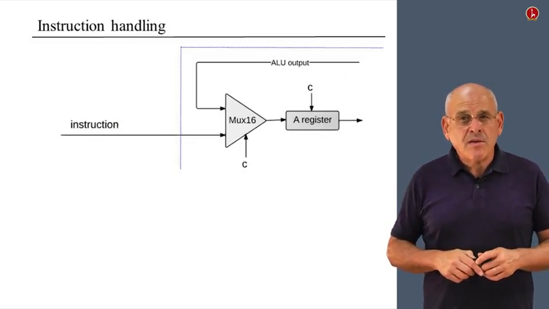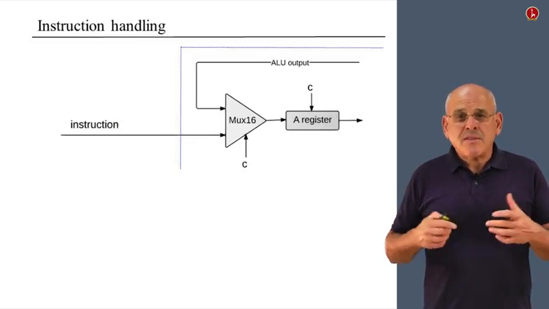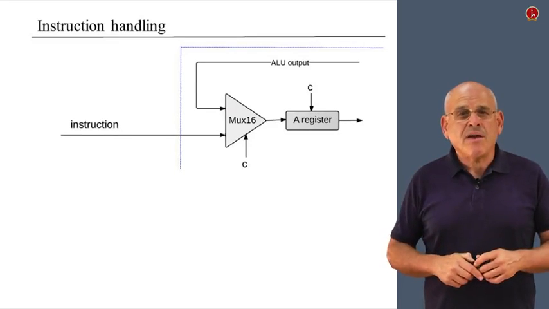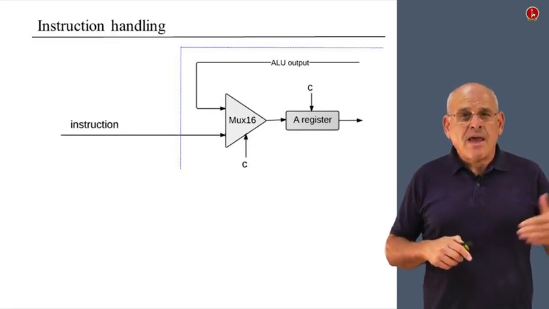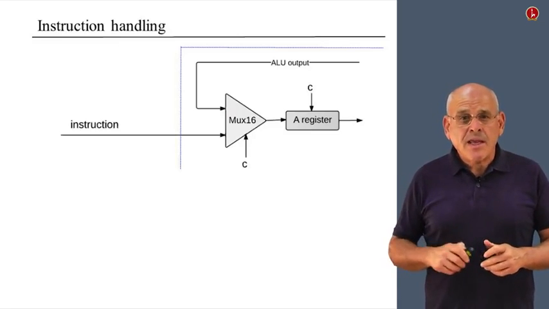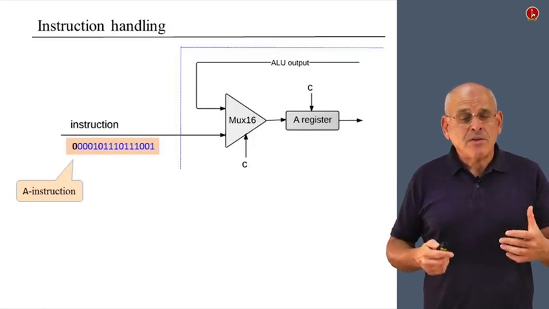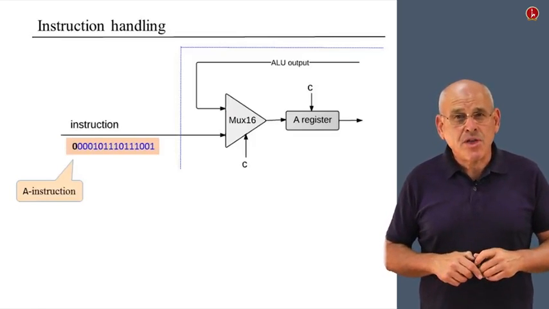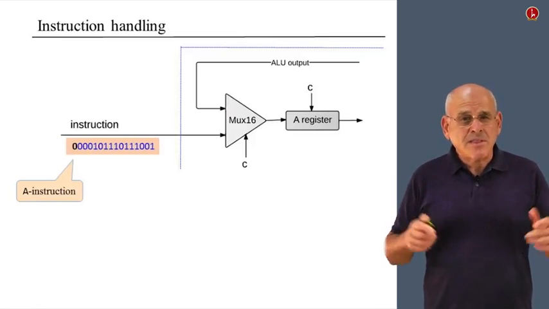So zooming in on this section, we see that it consists mainly of a register called A and an instruction input that connects to this register through a multiplexer. And here is an A instruction arriving to the machine in the current cycle.